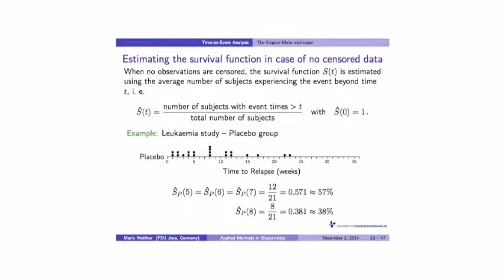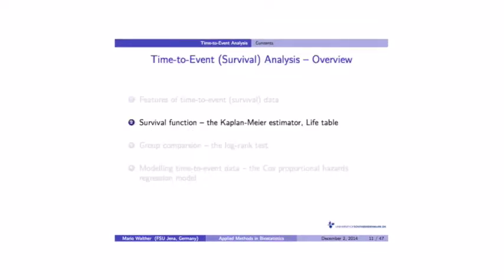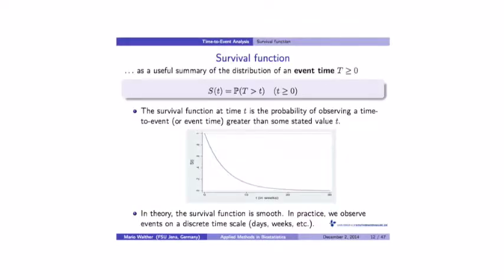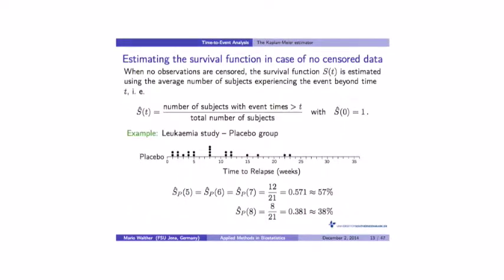So the problem is how to estimate this probability, or the survival function, for each time point. There are two cases. The first case is an easy case, if we have no censored data. Then the survival function can be estimated using the average number of subjects experiencing the event of interest after a certain time t.